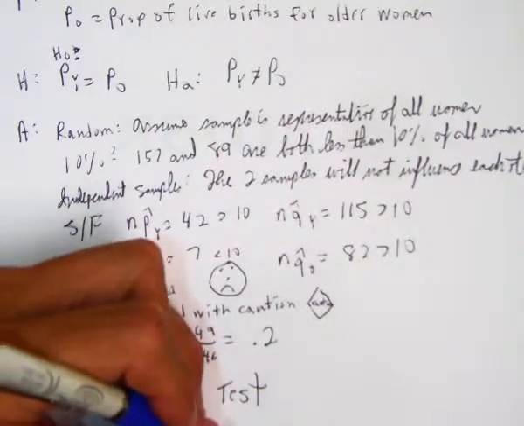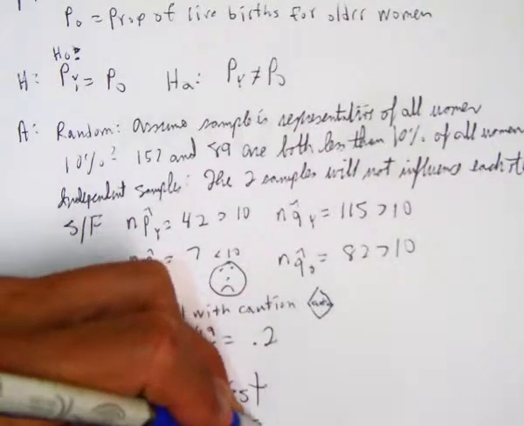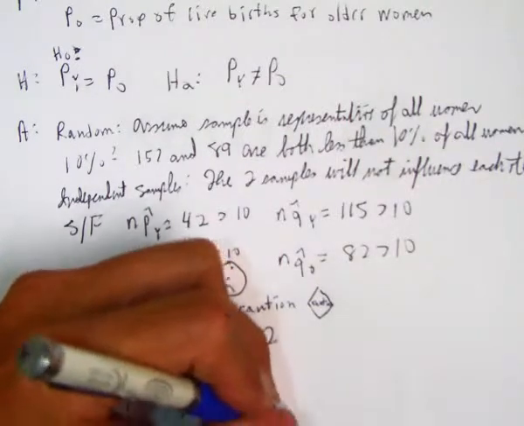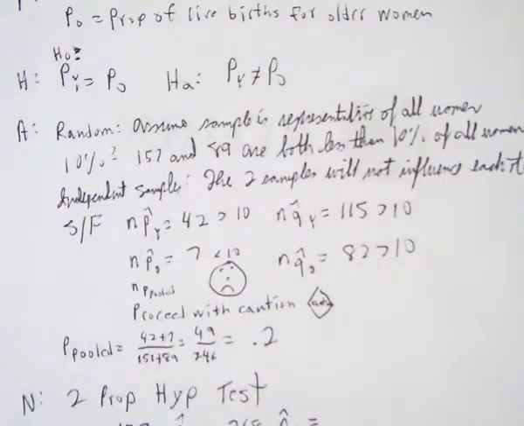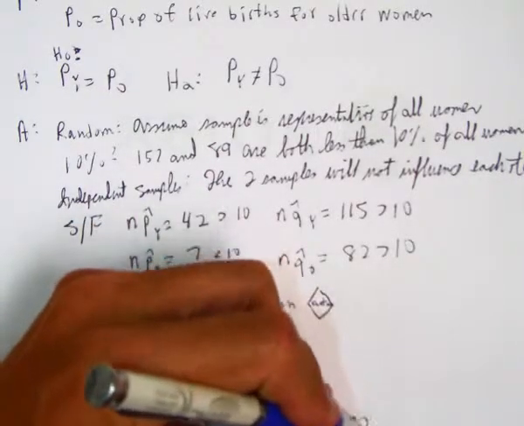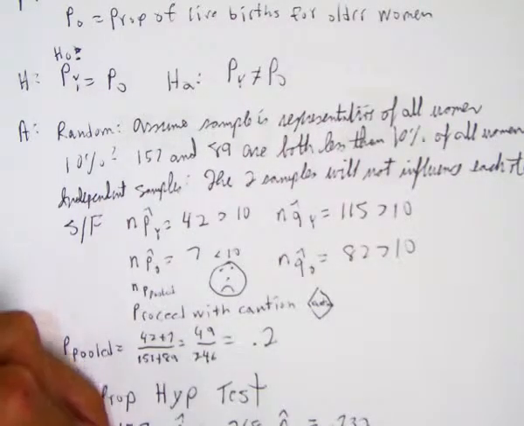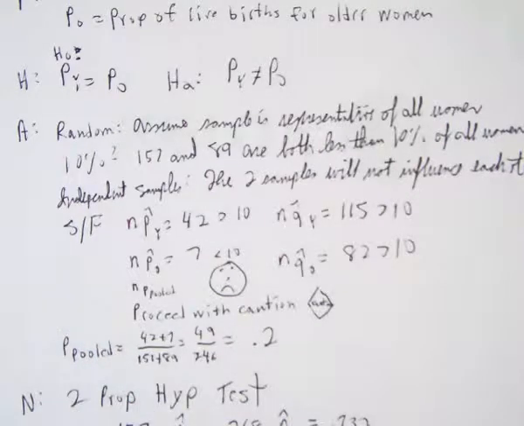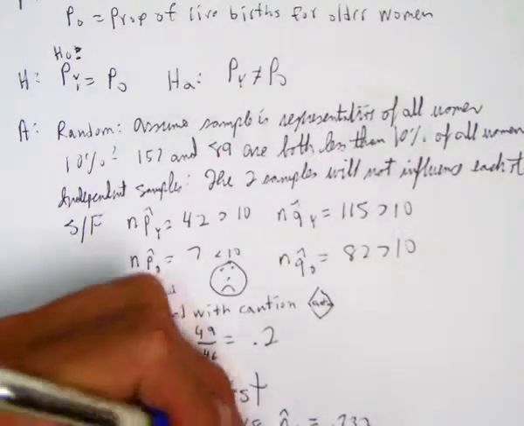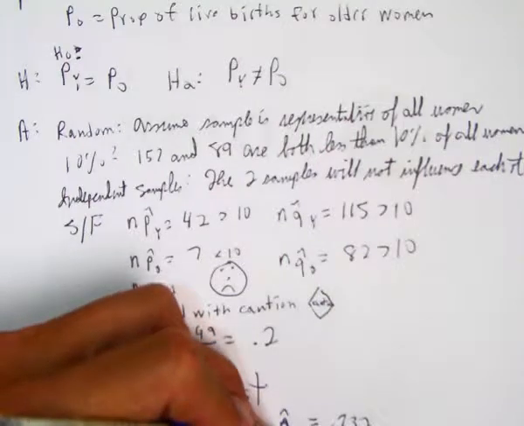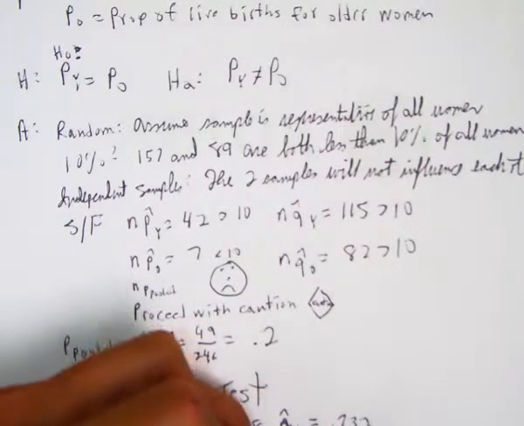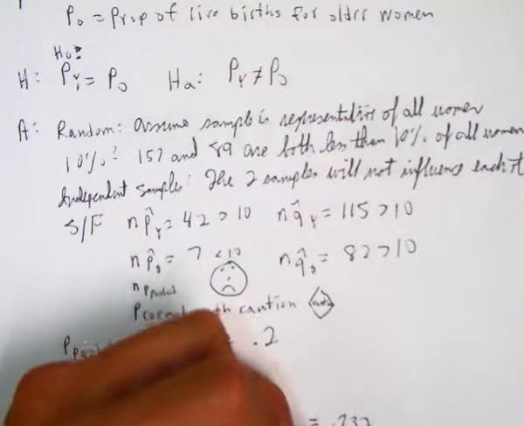So q-hat for the youngers is going to be 1 minus that. That's 0.732. And for the older women, the number of older women is 89. P-hat for the older women is going to be 7 out of 89. So that's about 0.08. So this is q-hat, not n. Q-hat for the older women is going to be 0.92. Got it?